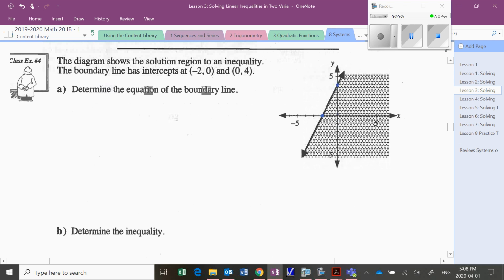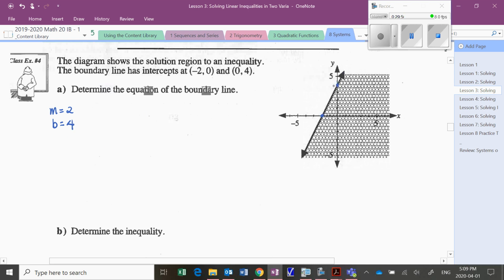So slope is rise over run, and so we've got a rise of 4 and a run of 2. So slope is 4 over 2. We can see it's rising to the right, so it's a positive slope. So our slope is just going to be 4 over 2, also known as 2. And our y-intercept is 4. So b is equal to 4.